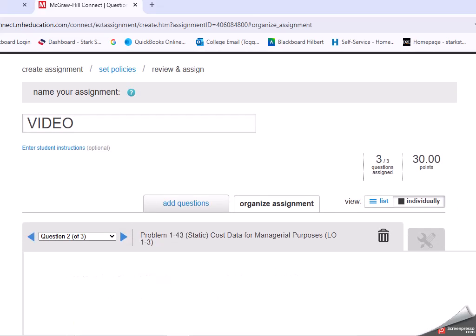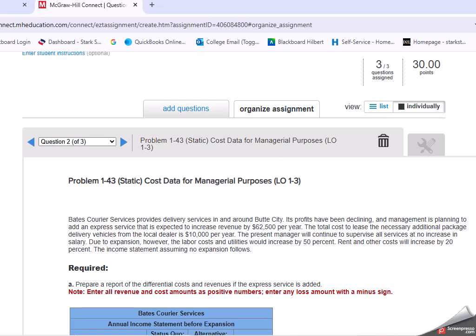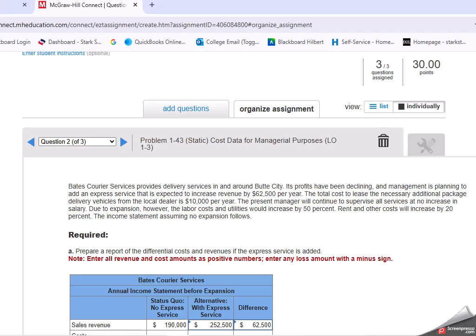Okay, then our next one, again looking at this cost data for managerial purposes. Bates Courier Services provides delivery services in and around Butte City. Its profits have been declining, and the management is planning to add an express service that is expected to increase revenues by $62,500 per year.